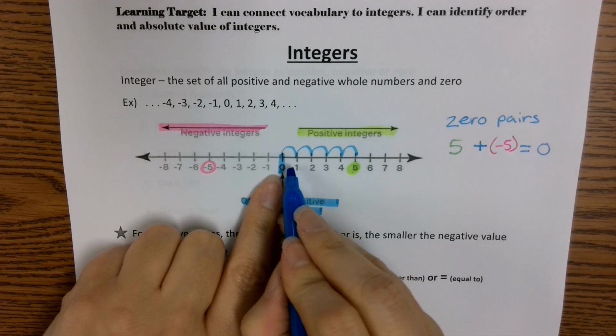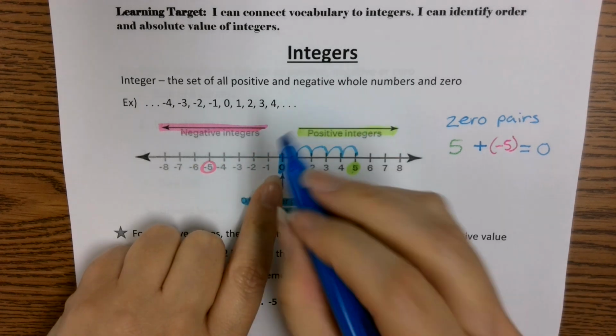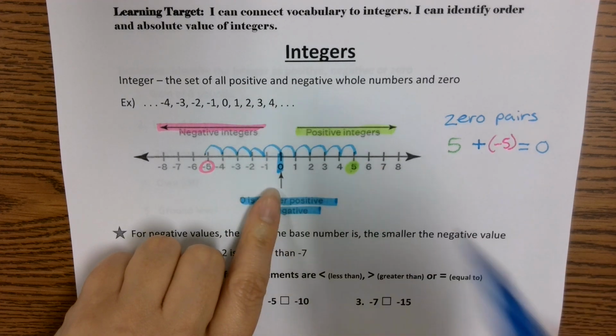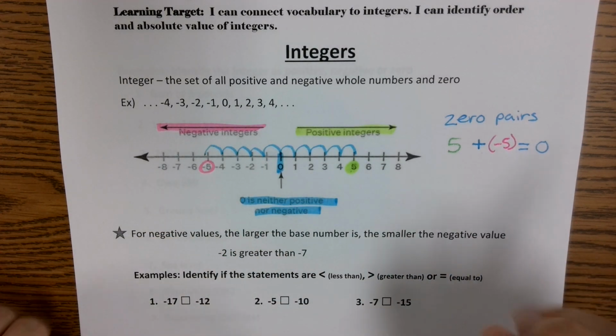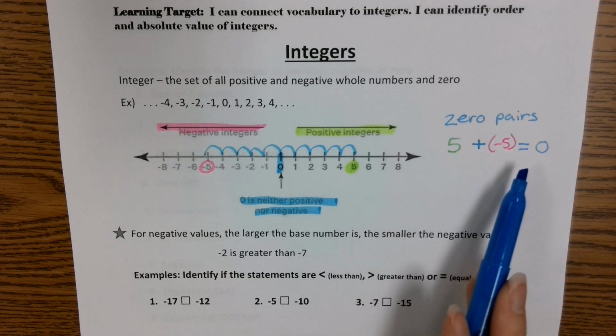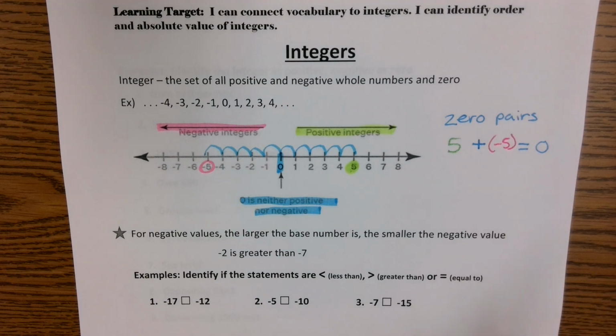Same thing if we start at 0 and go to negative 5. We're going to take 1, 2, 3, 4, 5 jumps to get to negative 5. They are an equal distance away from 0. The fact that they have an equal distance or an equal absolute value makes them a 0 pair. When you combine them together, they will equal 0.